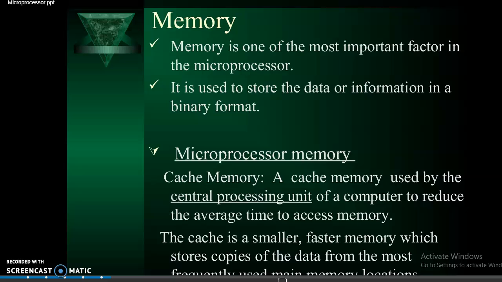First I'm going to explain the component memory. Memory is one of the most important factors in the microprocessor. Without memory, you can't store anything. It is used to store data or information in binary format, because in a microprocessor all the information is only in binary format. You computer science people should also know that our CPU can understand things only in binary format.